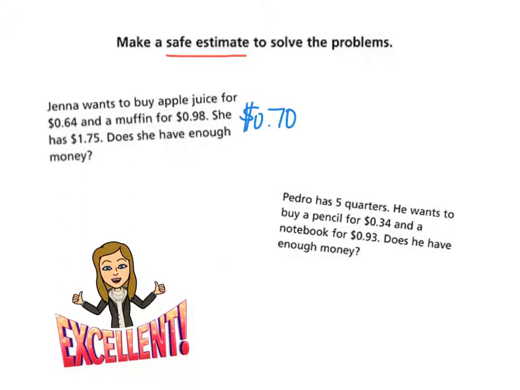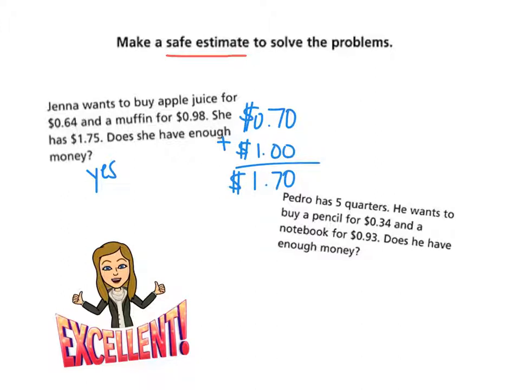We want to show up at the store with enough money instead of not enough and then standing at the cashier all embarrassed. Then 98 cents, I'm going to round to a whole dollar. So her items together will probably cost about, if I add these together, $1.70. So yes, she should have enough money in order to buy these items.